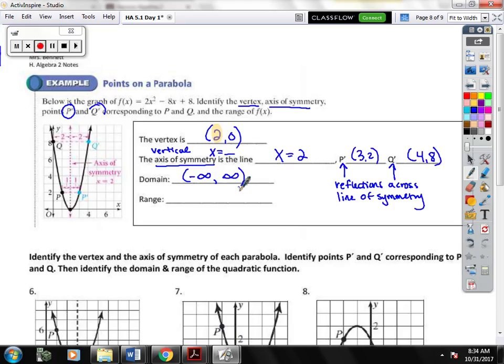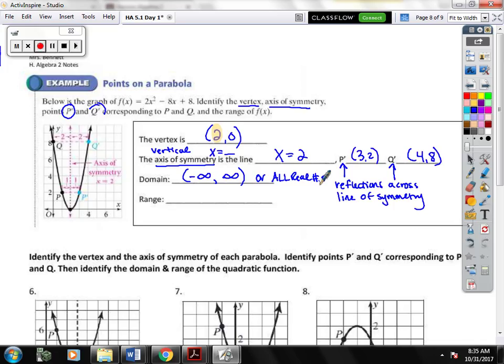Again, if you just want to memorize that fact for quadratics, that's what it's always going to be. When we get into square root functions and stuff like that, that will change. But for this whole chapter, your domain will be negative infinity to positive infinity. If you prefer to write all real numbers, you could also write it like that. But usually we're going to use interval notation, but those represent the same thing, all real numbers. So it includes positives, negatives, decimals, all that stuff. Okay.